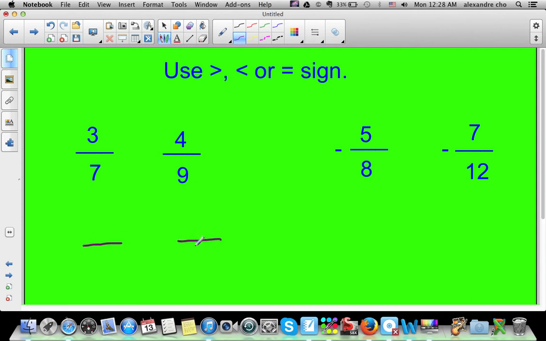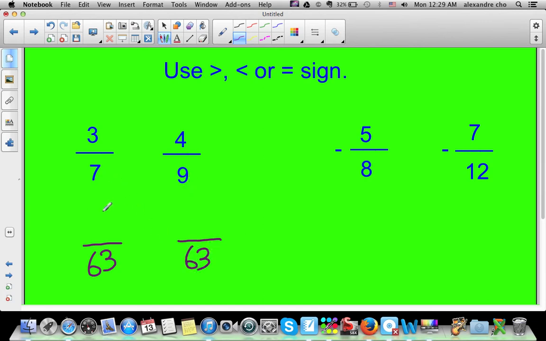Change these two fractions so that they have the same denominator. Well, in order to change them, you have to think of a number that 7 and 9 both go into. Well, 7 and 9, the one number they both go into is 63. 7 goes into 63, and guess what? 9 also goes into 63.